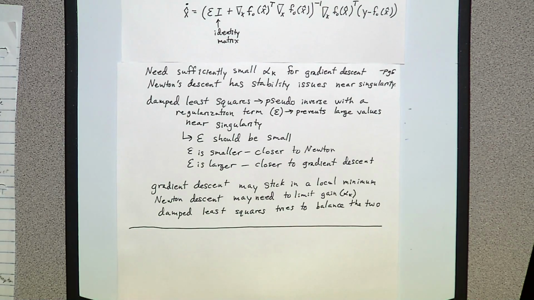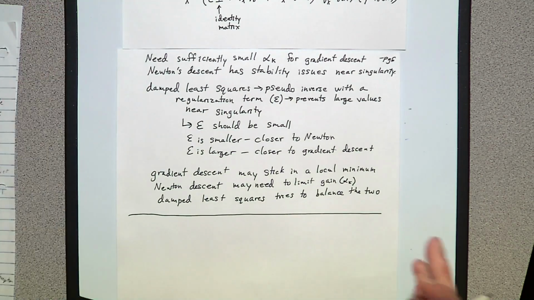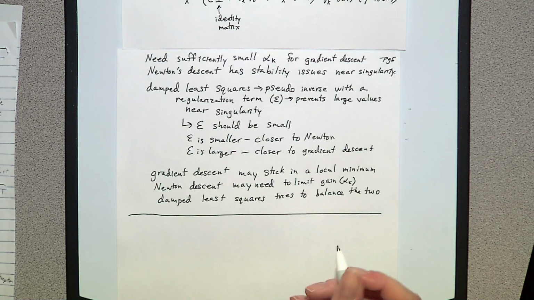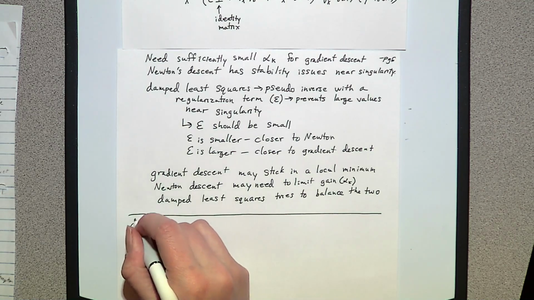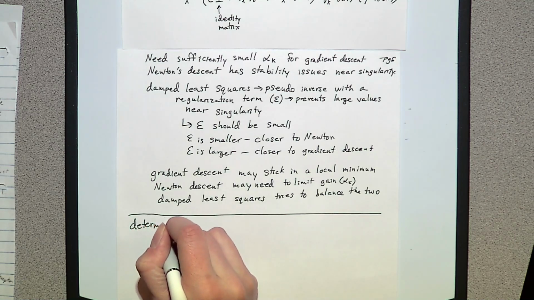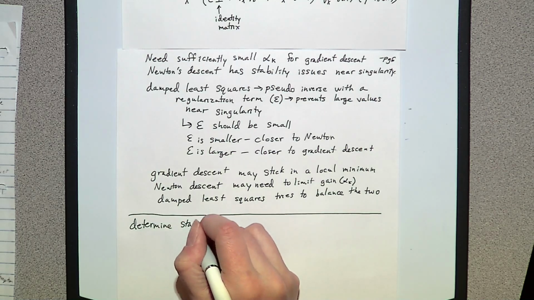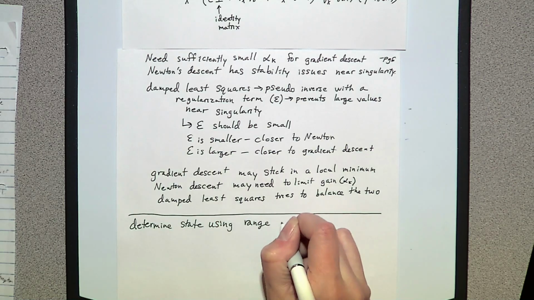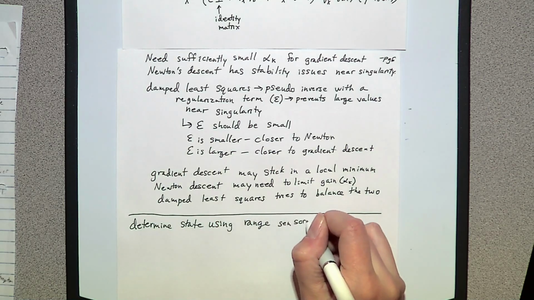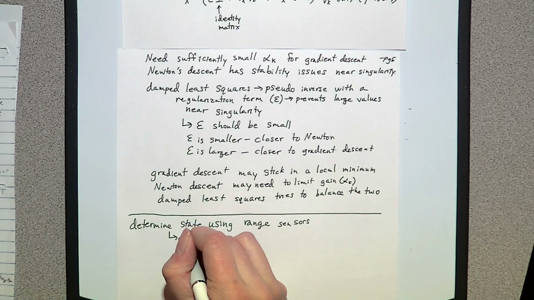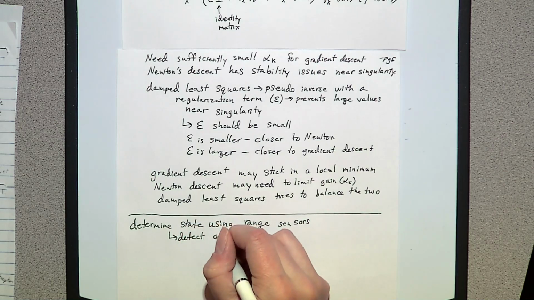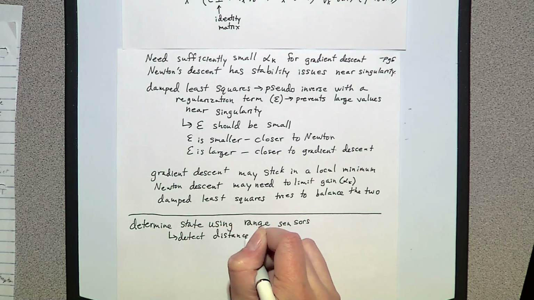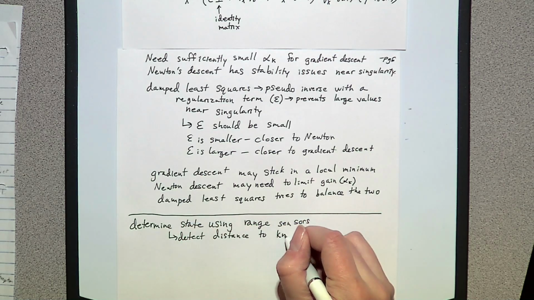So let's look at, let's say that we're trying to determine our state using range sensors. They're going to say that they detect distance to known landmarks.